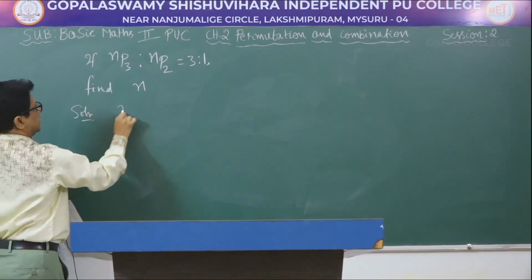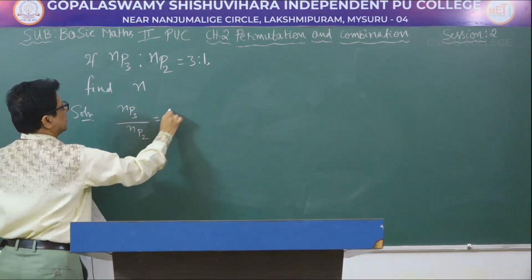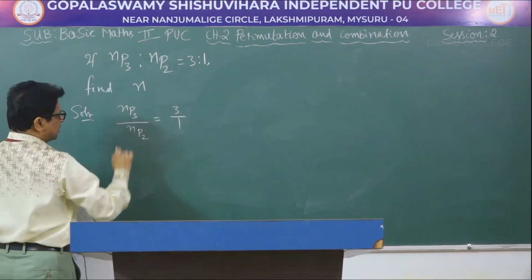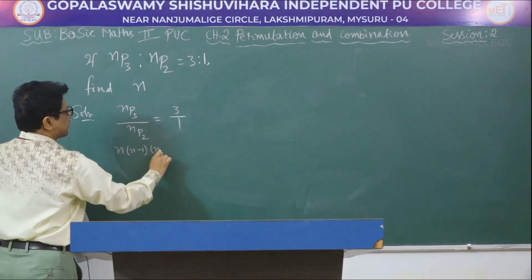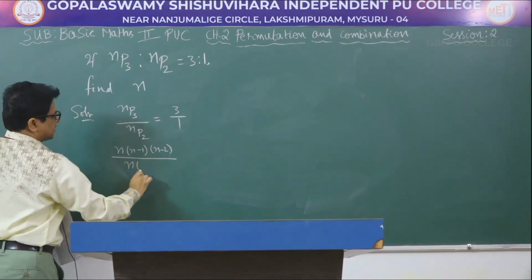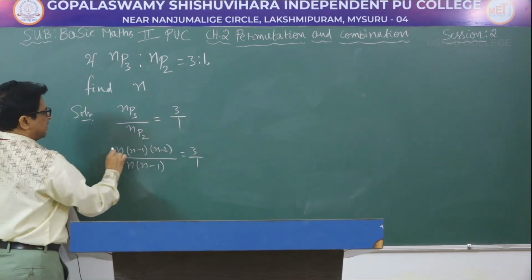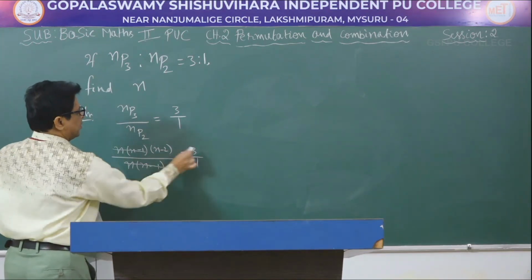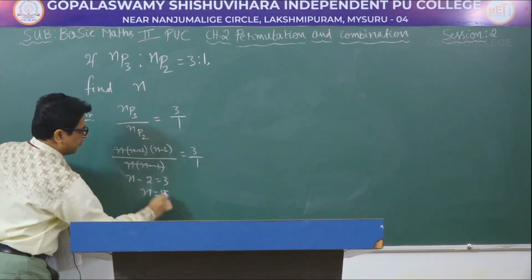So, given is nP3 is to nP2 equals 3 is to 1, that is nP3 by nP2 is equal to 3 by 1. nP3 can be written as n into (n minus 1) into (n minus 2) divided by nP2, which can be written as n into (n minus 1), which will be equal to 3 by 1. n into (n minus 1) and n into (n minus 1) will get cancelled. So, n minus 2 will be equal to 3. So, n will be equal to 5.